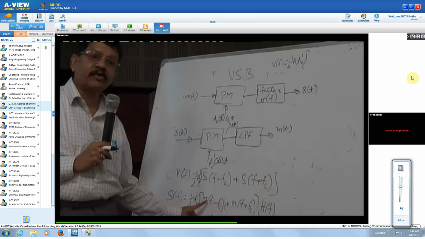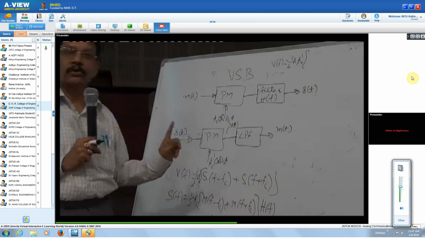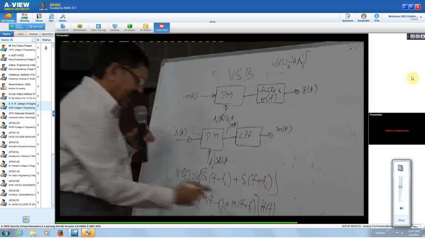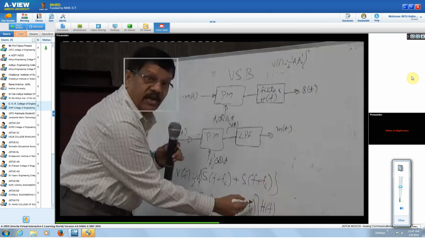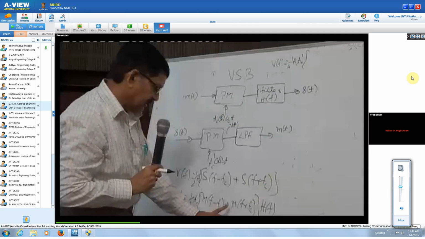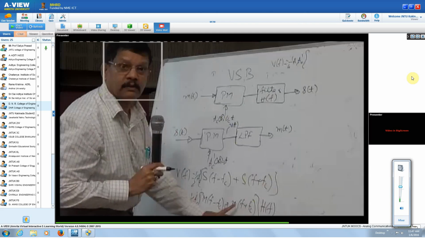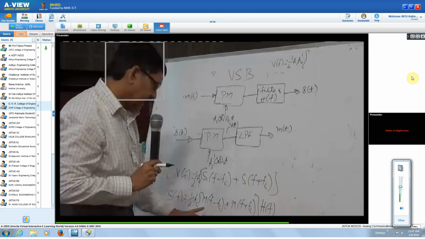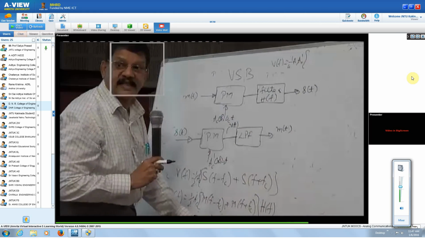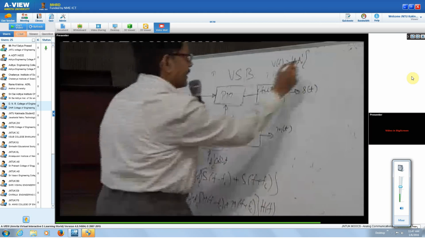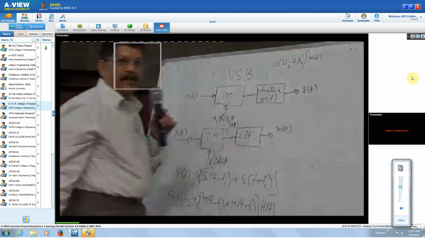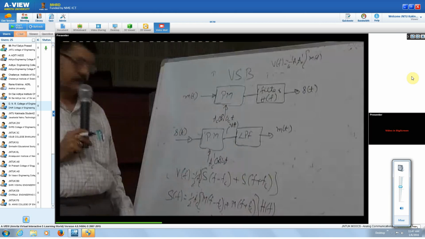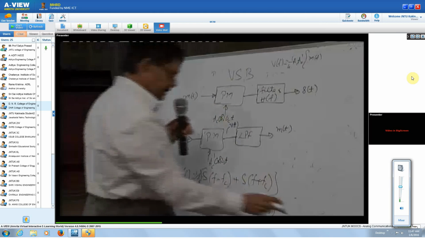When you have this, it is going to give you f minus 2fc, whereas this will be giving you M of f only, f minus fc plus fc. So this gives you M of f and this gives you M of f minus 2fc. Therefore, this I will take as M of f.